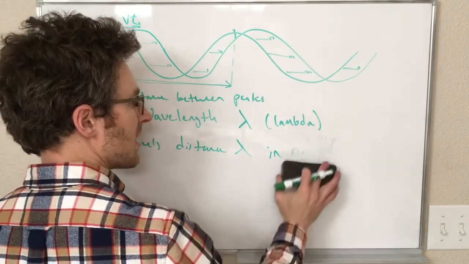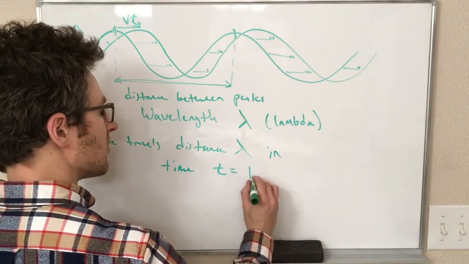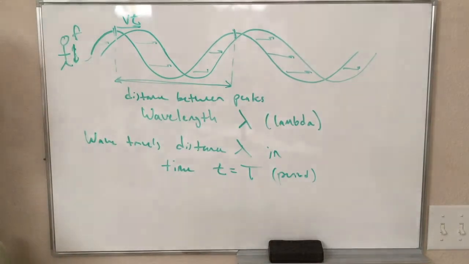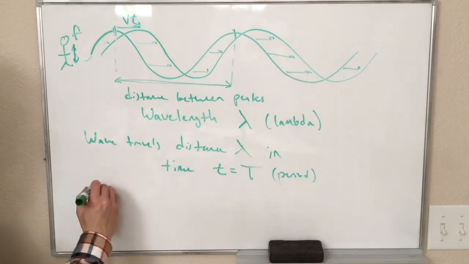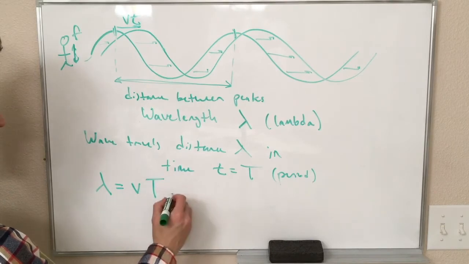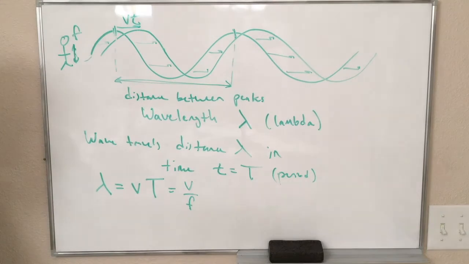I guess I should say in time t equals capital T, the period. So in other words, lambda equals v times t, or v over f, because t is 1 over f.